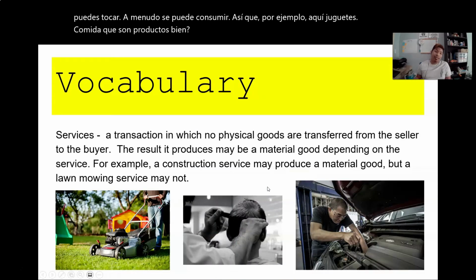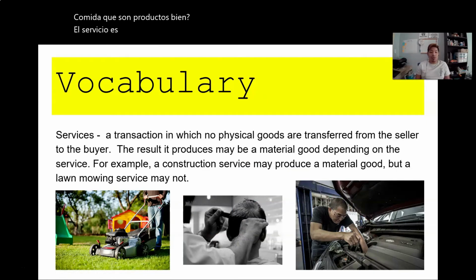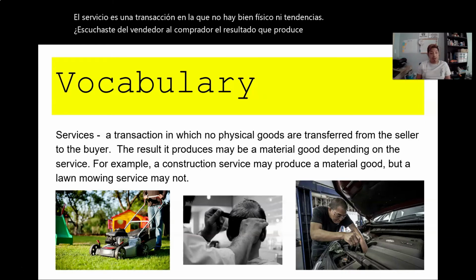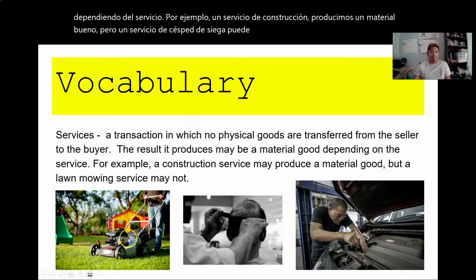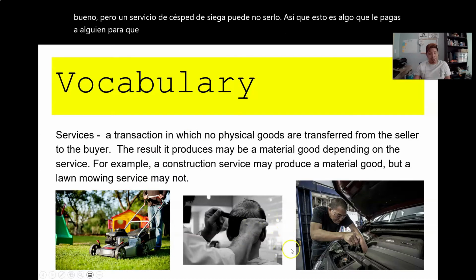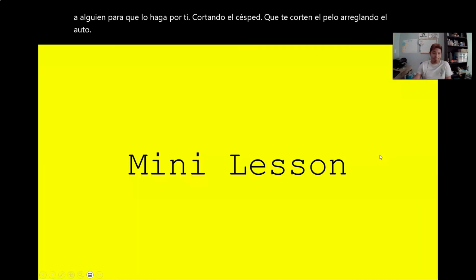Services, a transaction in which no physical good is transferred from the seller to the buyer. The result it produces may be a material good depending on the service. For an example, a construction service may produce a material good, but a lawn mowing service may not. So this is something that you pay somebody to do for you. Mowing the lawn, getting your hair cut, fixing the car, that's a service.